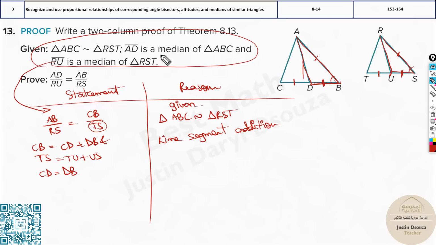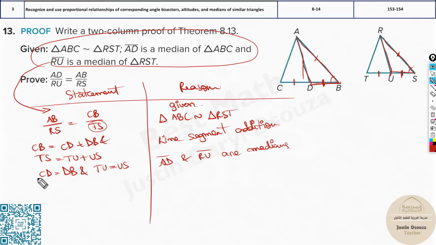Why is that? Because they clearly told us AD is a median. Median means it cuts this side into equal parts. And what else? TU is equal to US. So that means AD and RU are medians. So it's the definition of medians basically. This is a midpoint and it will break into equal parts.